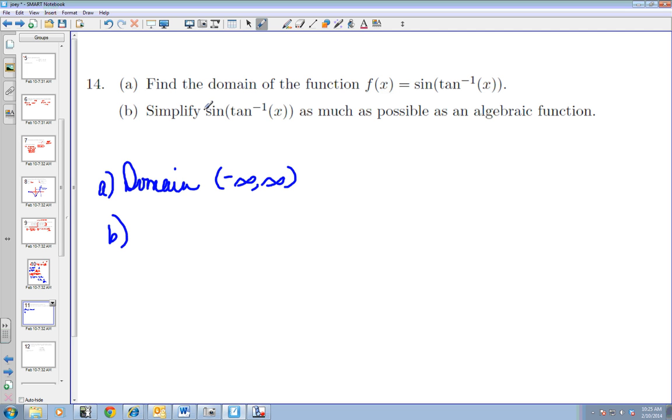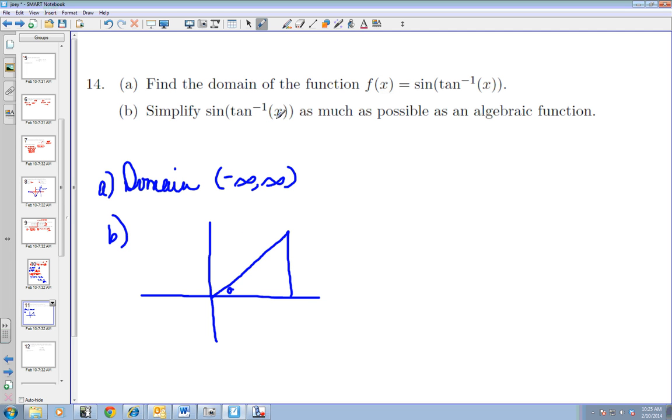Part B says simplify the sine of the inverse tangent of x as much as possible as an algebraic function. Here's what I would do. Since this is positive, and I don't know if you remember from trig, everything is positive in this first quadrant. Here's my angle theta.